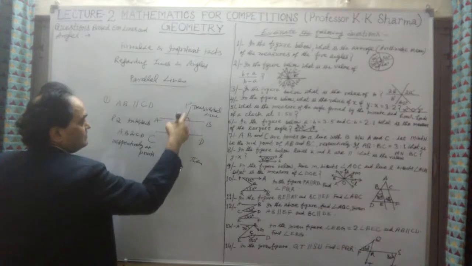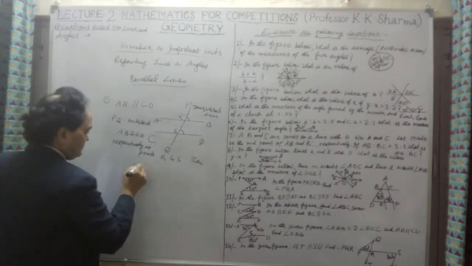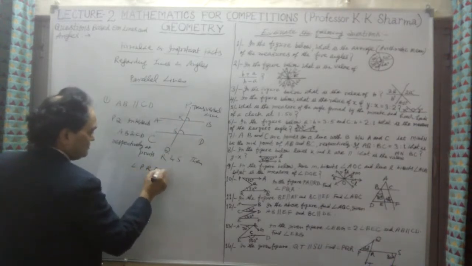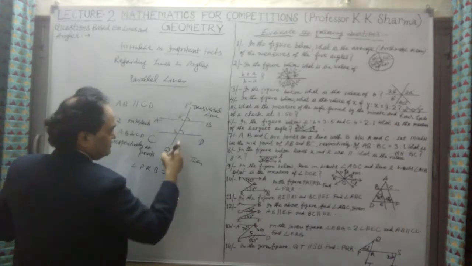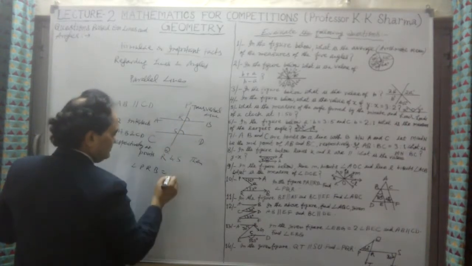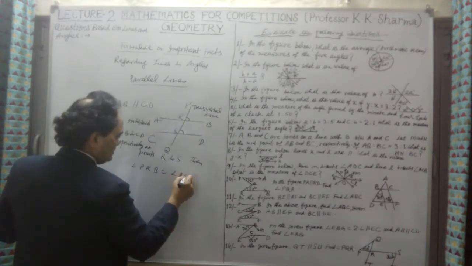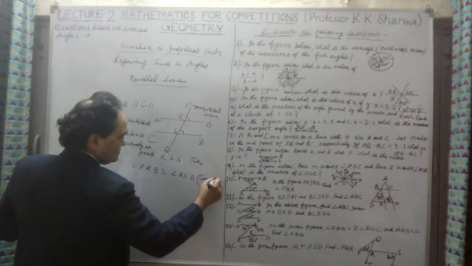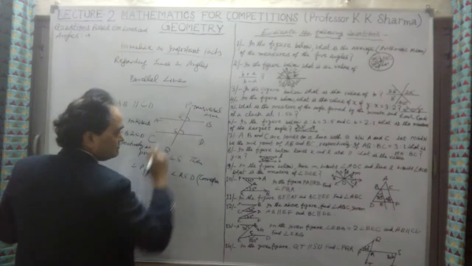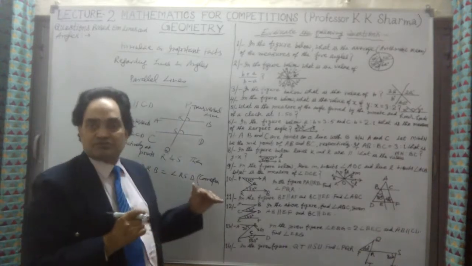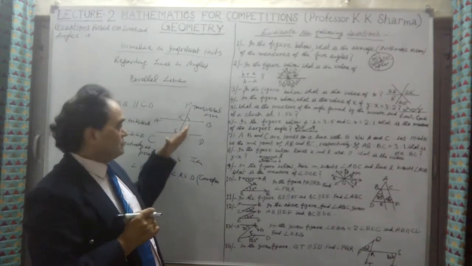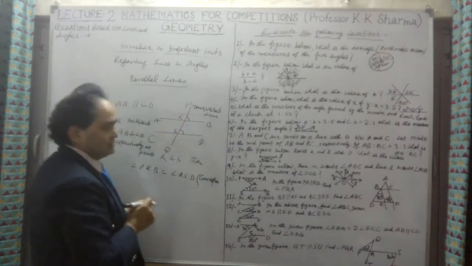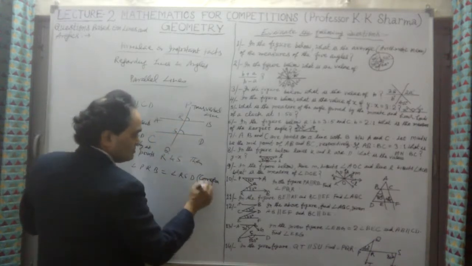Angle PRB is equal to angle RSD, known as corresponding angles. The angles which are made above the parallel lines by the intersecting line, by the transversal line, are known as corresponding angles.